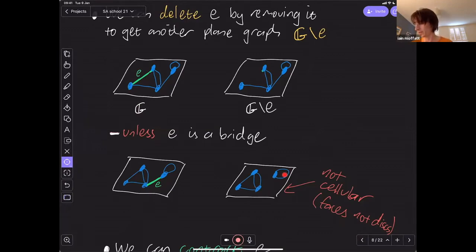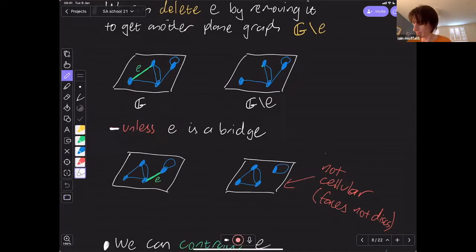So this unbounded face is not R2 minus a disk, it's R2 minus 2 disks. What does this tell me? As long as I'm working with plane graphs like this, I can delete all edges except for bridges, because it takes me outside the class I'm interested in.